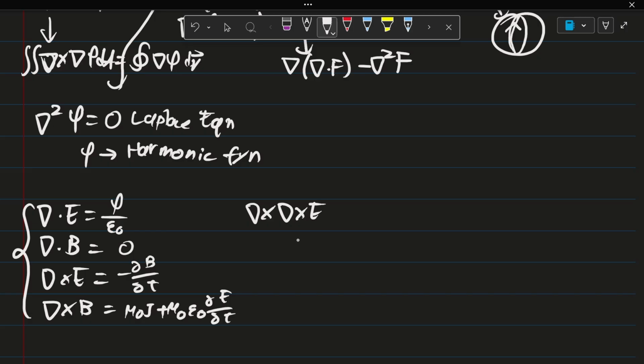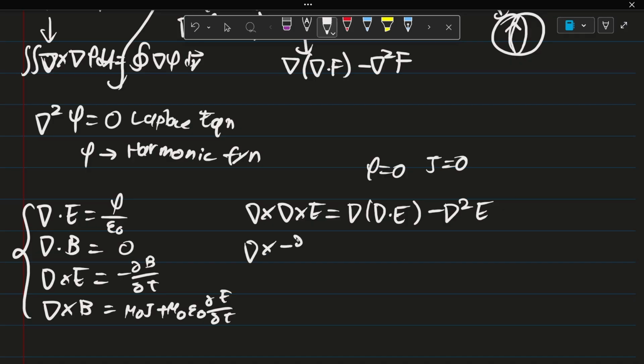So if you think about this equation, nabla cross nabla cross E equals nabla of nabla dot E minus nabla squared of E, and we assume this is within vacuum, so rho equals 0 as well as j equals 0, what we see is that nabla cross negative partial B over partial t is the same thing as negative nabla squared of E. Now, if we take the curl of this changing magnetic field, you could just swap them out because this is continuous.